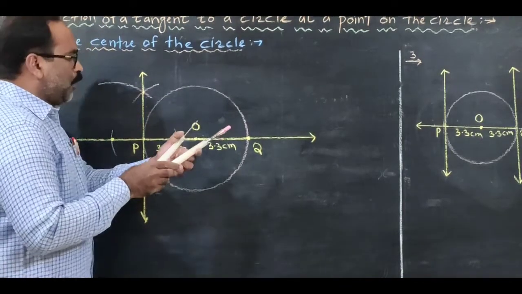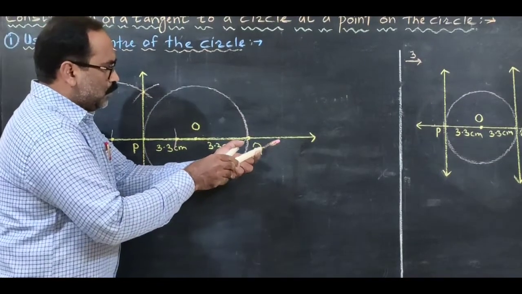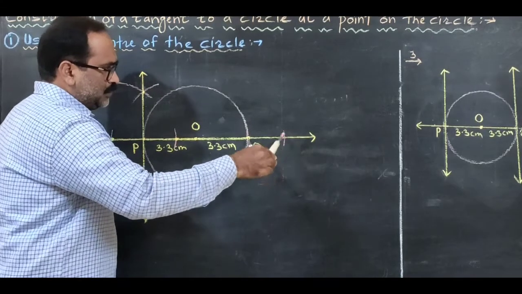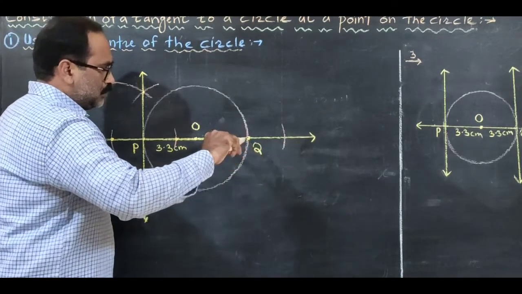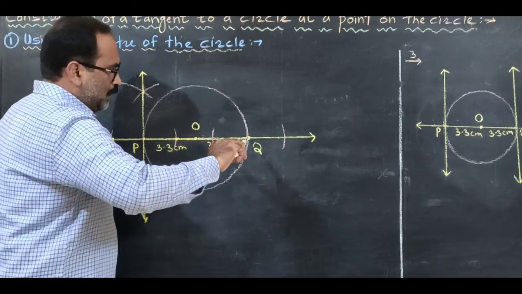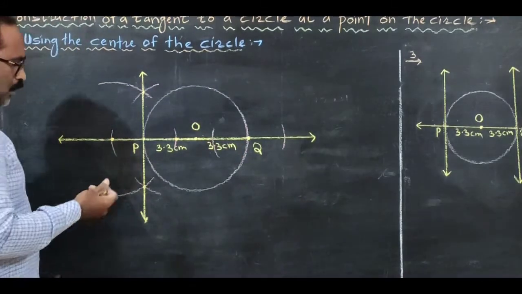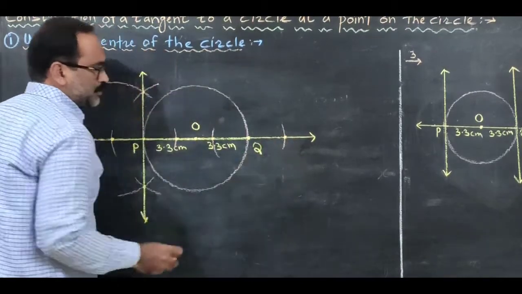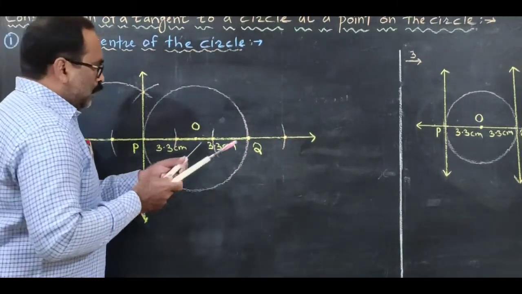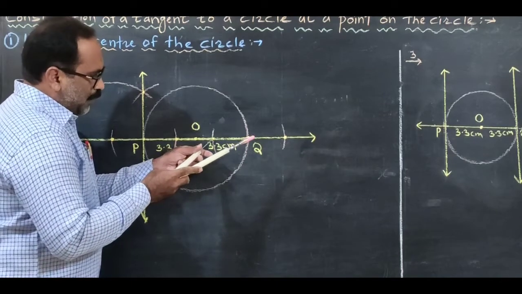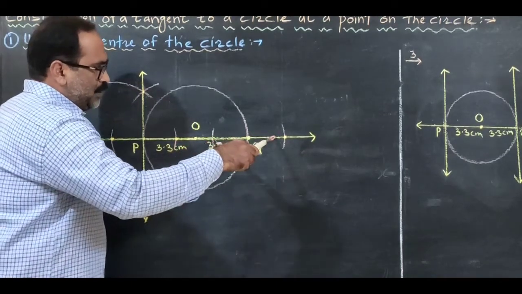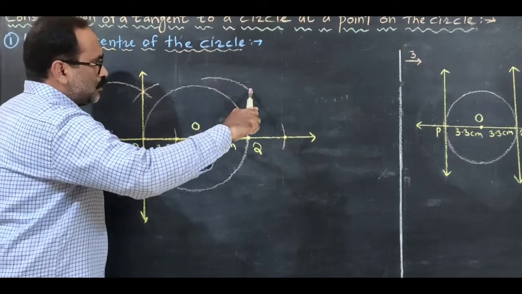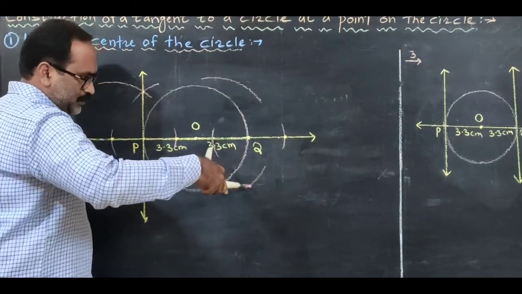We put the nib of our compass at Q. We take a convenient distance in our compass. We draw arc both the side of Q. Now this arc intersect at this point. This arc intersect at this point. Now we put nib of our compass at this point and we take more than half distance in our compass. And we draw arc above and below.